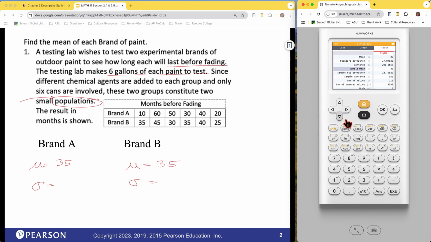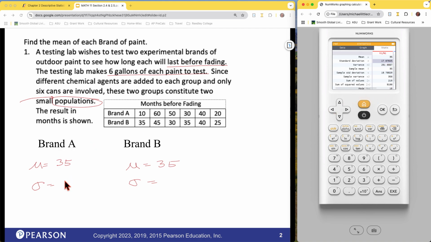Then it also gives us the values for the sample. If this was a sample, we could have the sample mean and sample standard deviation. Notice there is a difference between the sample standard deviation, 18.71, versus the population standard deviation, which is 17.08 rounded up.